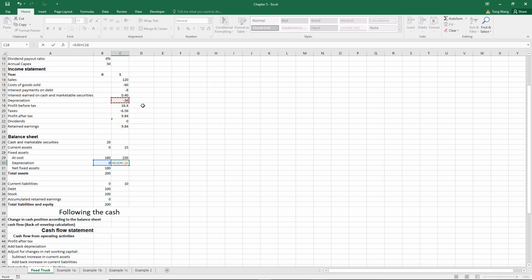And of course, because this is your first year of operation, so the sum is going to be equal to your year one number, but in general, it doesn't have to be. Okay, net fixed asset is equal to fixed asset at cost minus depreciation. So here, because our depreciation is already a negative number, so I'm just going to add that. So this is going to be your net fixed assets.